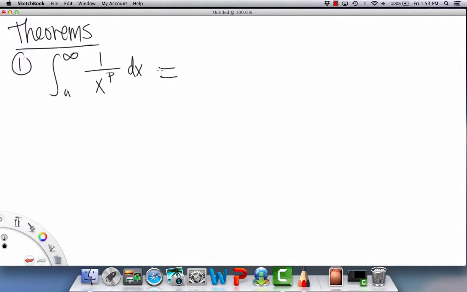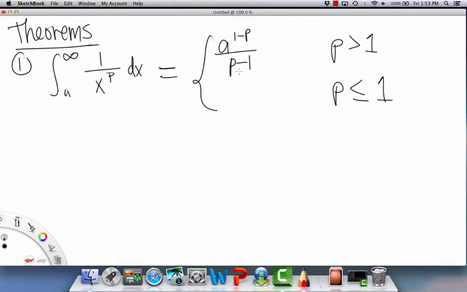It splits into two different pathways: when p is greater than 1, and when p is less than or equal to 1. If p is greater than 1, then your answer for this integral is a to the 1 minus p over p minus 1. If p is less than or equal to 1, then this integral just diverges.